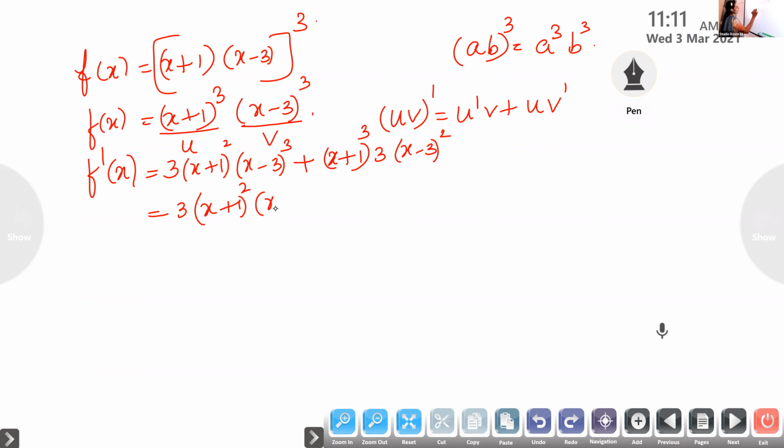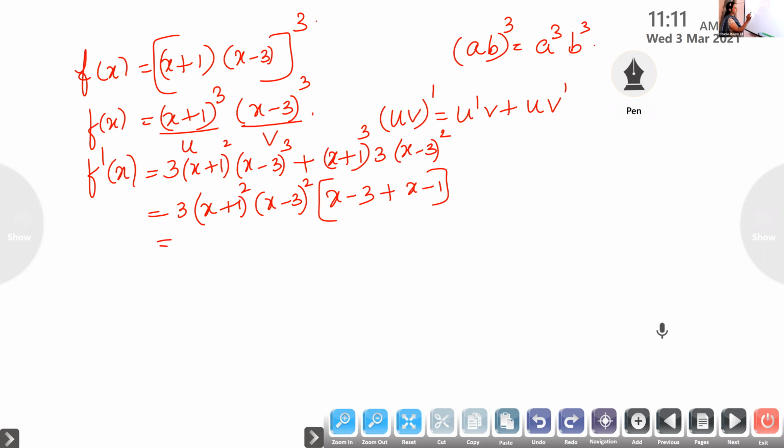This x minus 3 plus x plus 1. So which is 3 into x plus 1 the whole square into x minus 3 the whole square into 2x minus 4.